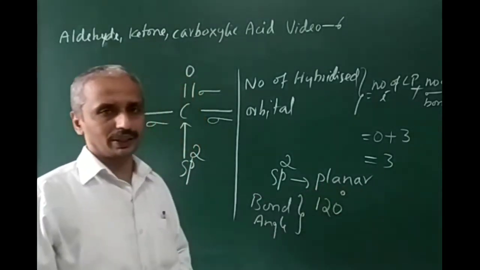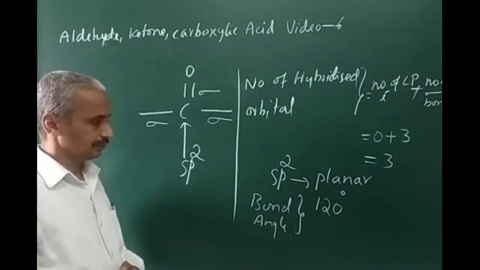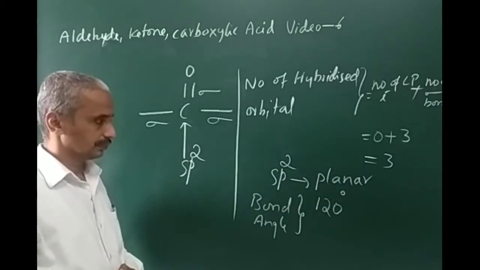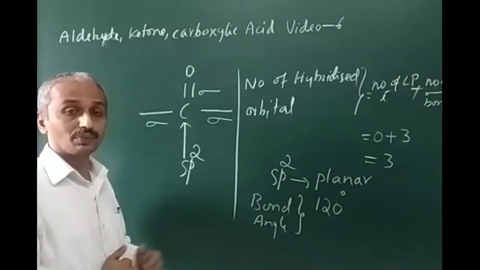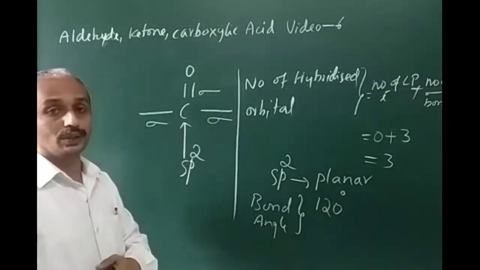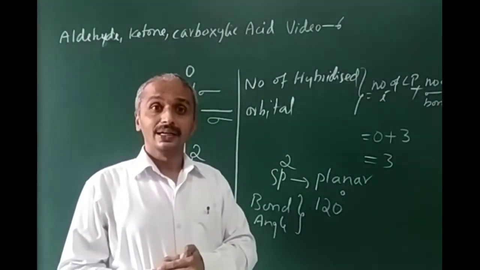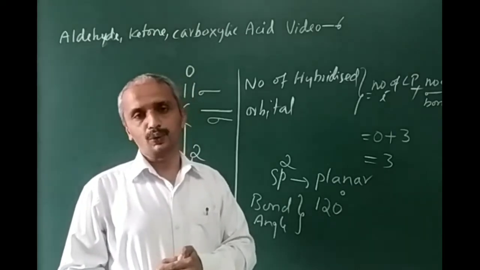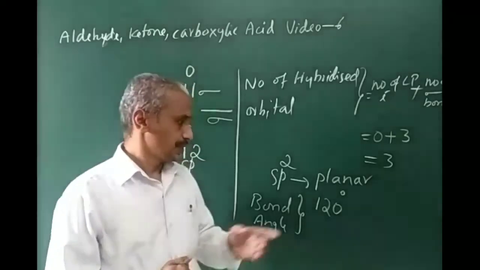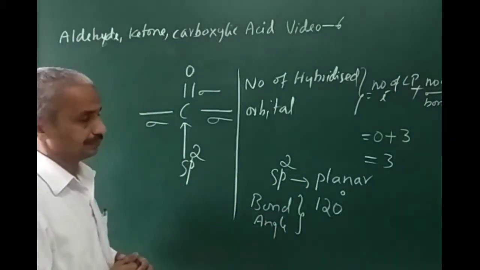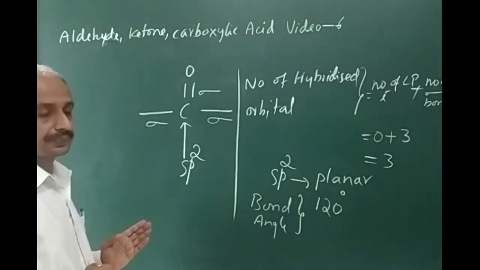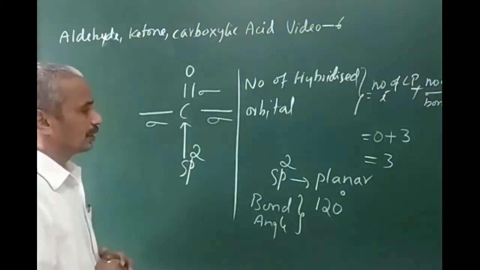It is a planar geometry. Is it square planar? Don't write square planar. Square planar will be there when dsp2 hybridization is there. So it is planar geometry. Okay, so this is the hybridization.